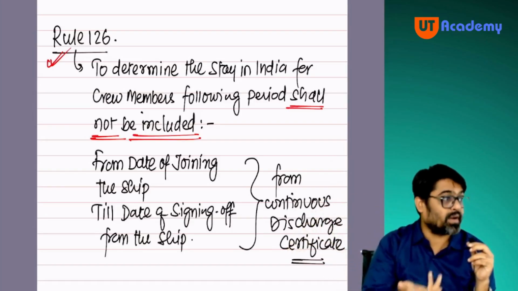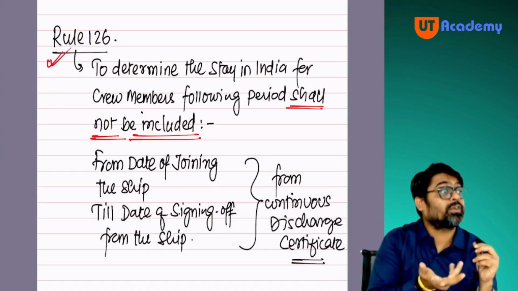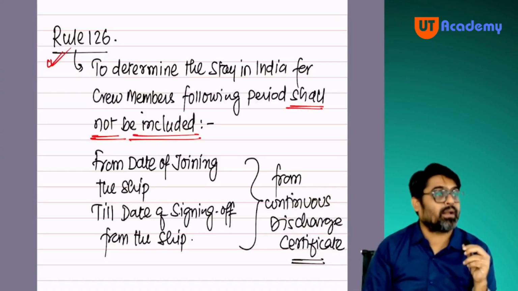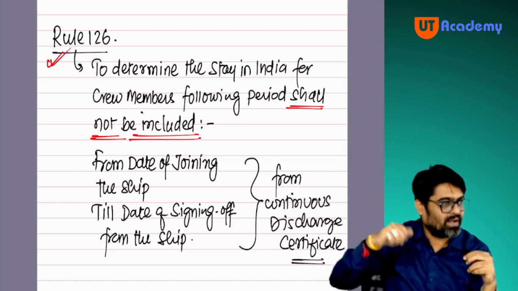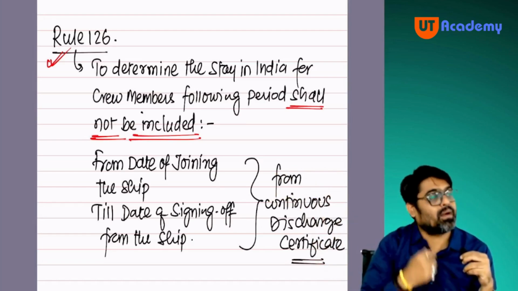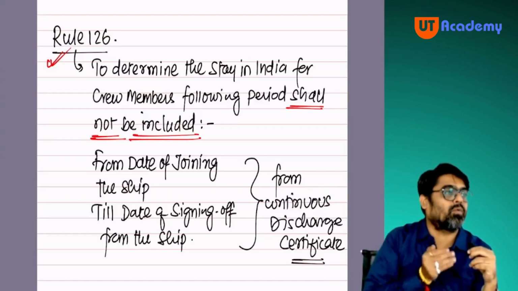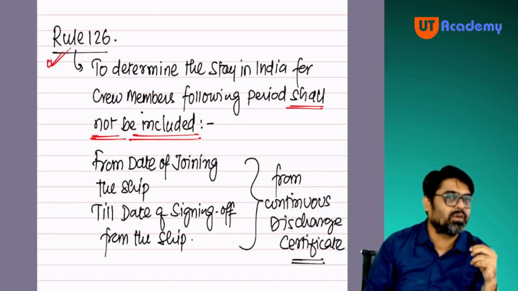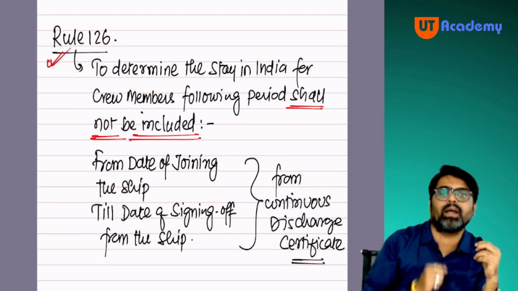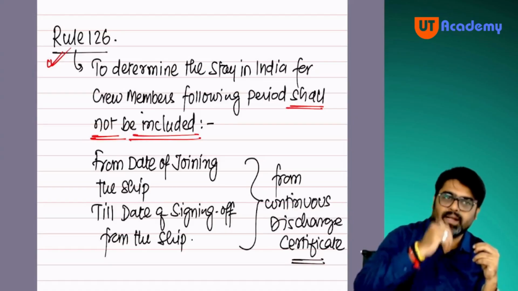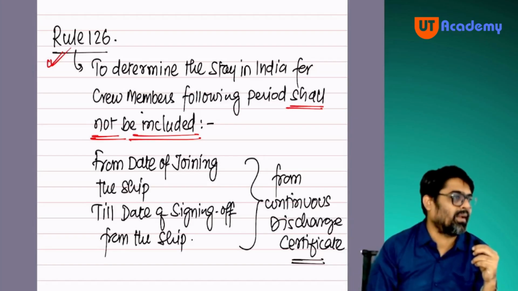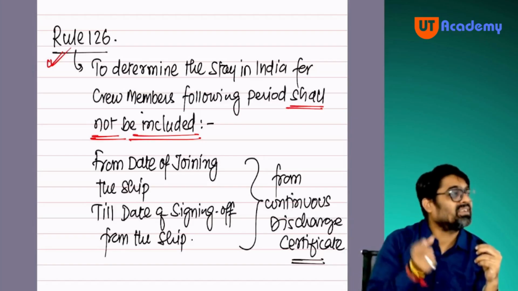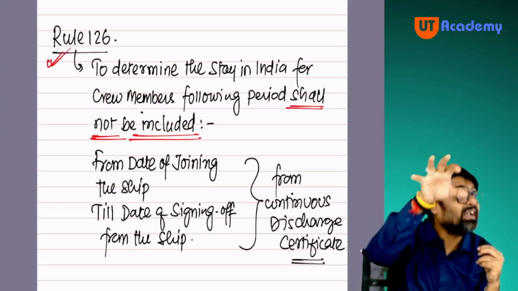And it was very difficult to determine when the ship is actually going out of territorial waters, because there is no clear boundary. Is there a boundary? No. So how will we come to know when you are entering the territorial waters, when you are going out of them? Till the time you are in territorial waters, you are in India, and when you leave the territorial waters, you are outside India. But it is very difficult to determine. So their stay was very difficult to determine.